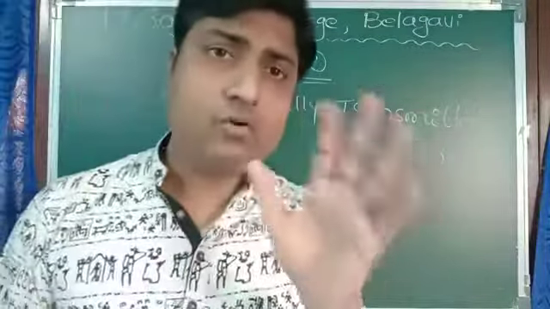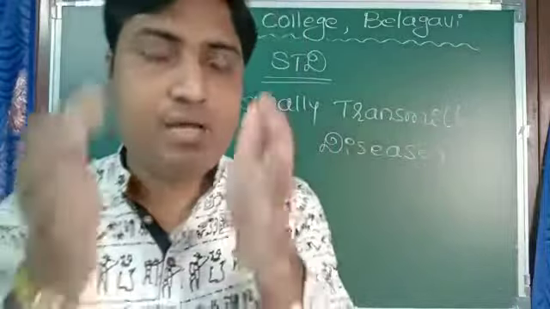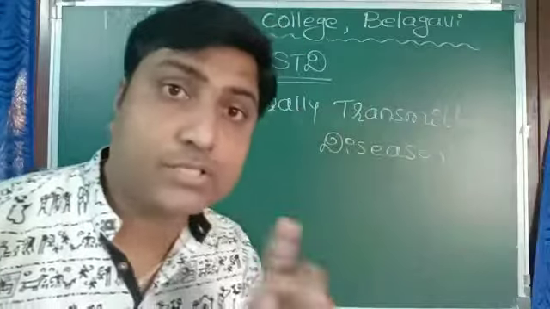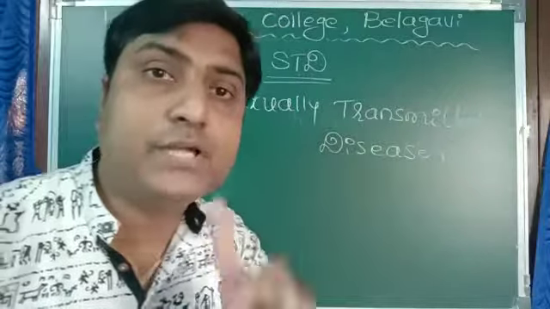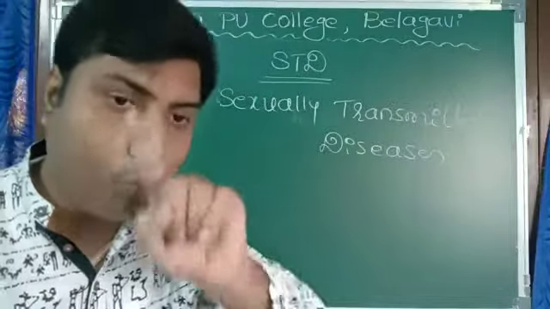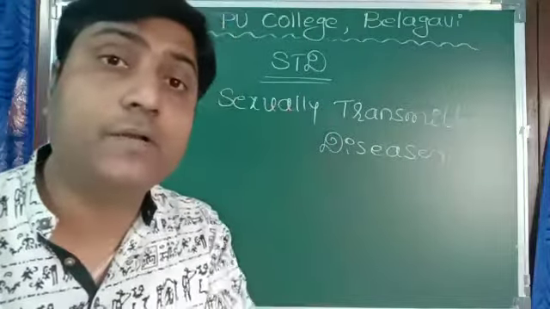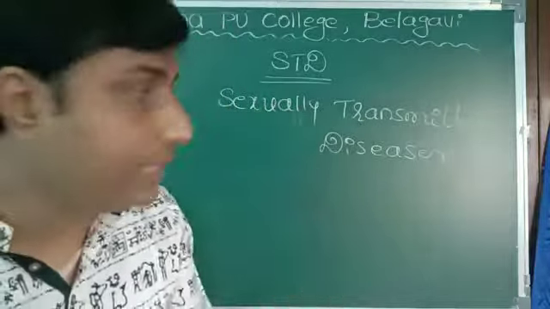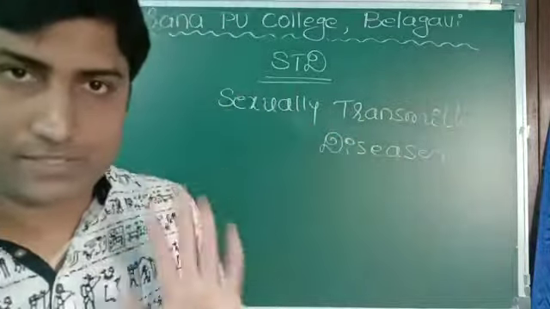Now, which diseases are called sexually transmitted diseases? The diseases that spread from one person to another person through unsafe sexual contact. I repeat, the diseases that spread from one person to another person through unsafe sexual contact are known as sexually transmitted diseases.